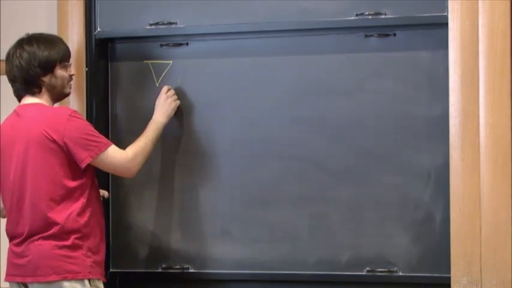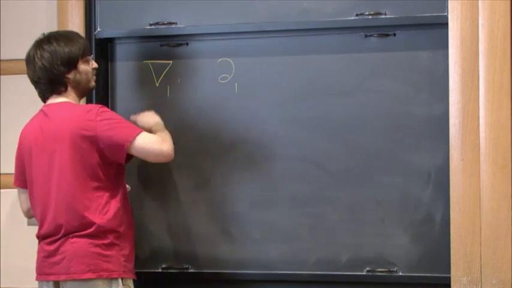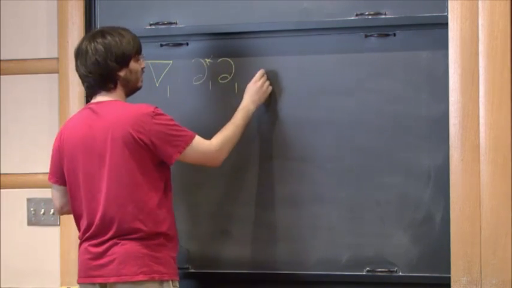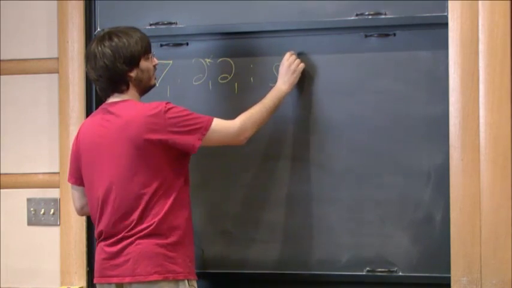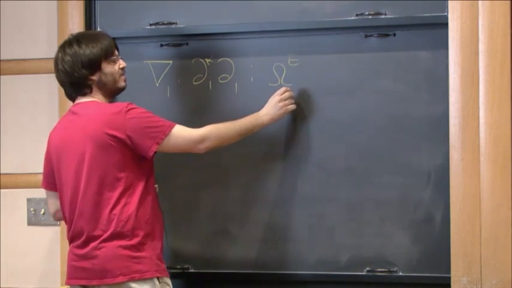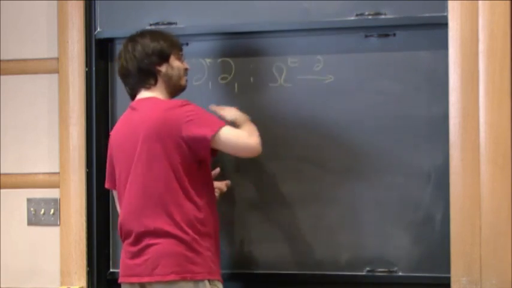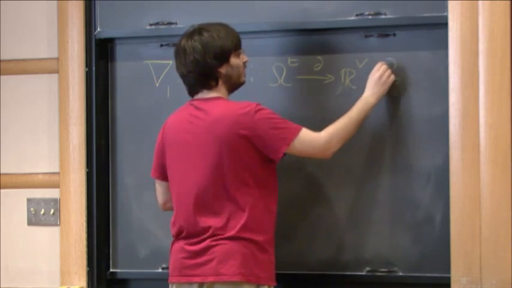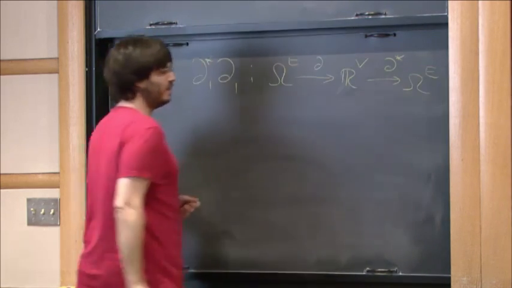So the lower Laplacian on edges would be going down from edges to vertices and going back up. This means that I take a flow on edges, send it to its derivative, to its boundary, and then back to edges.